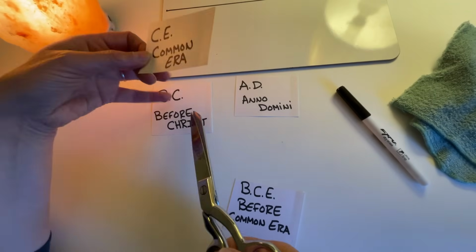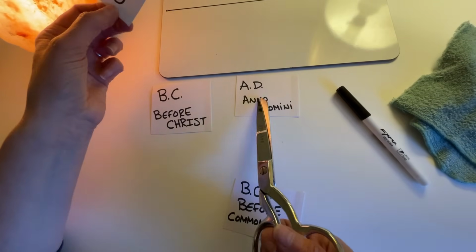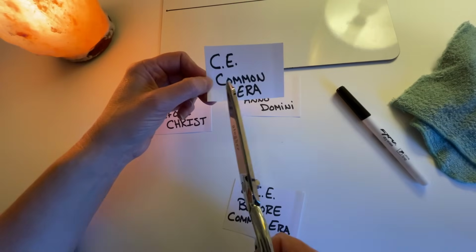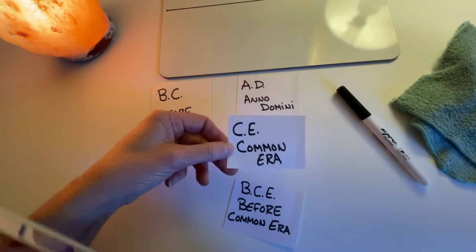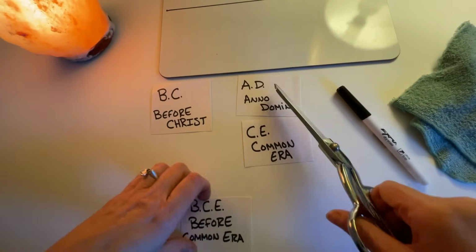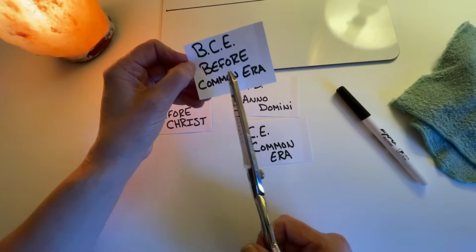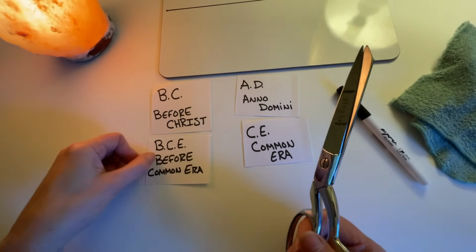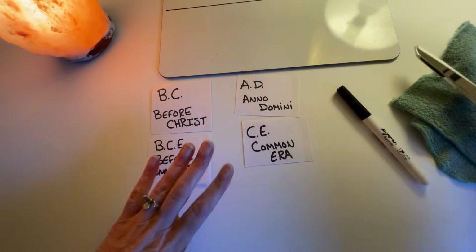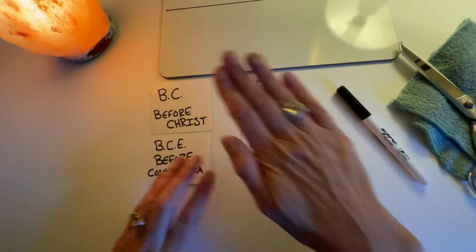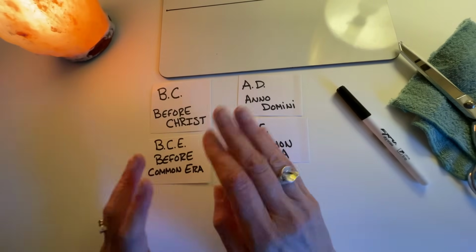Because this is based very much in Christianity, it's becoming more common to call it CE, which means Common Era, for AD, and BCE, which is before the Common Era, for before Christ. So these are interchangeable. AD and CE are interchangeable, and BC and BCE.